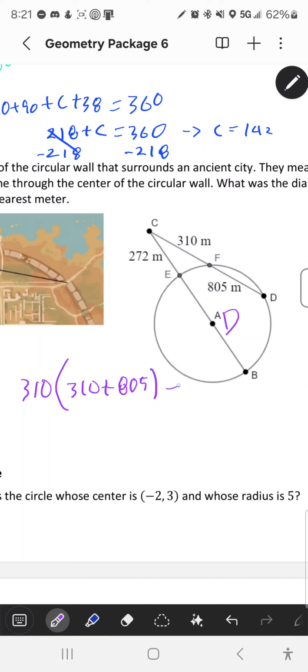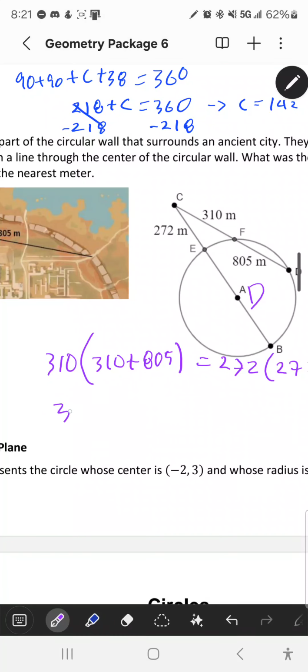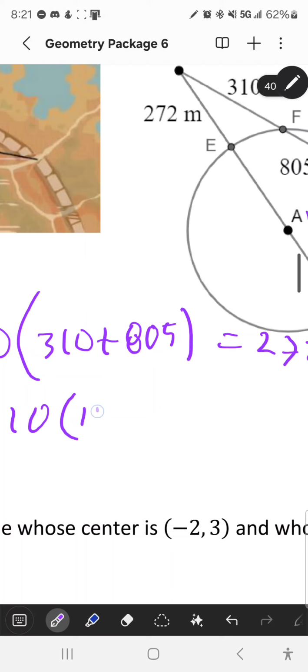This needs to be equal to the other small one, 272, times the whole thing, 272 plus d.